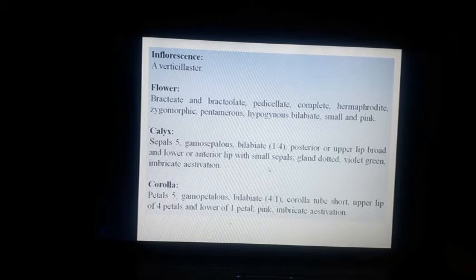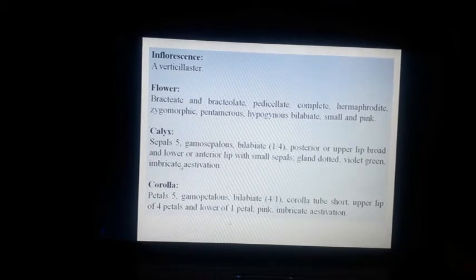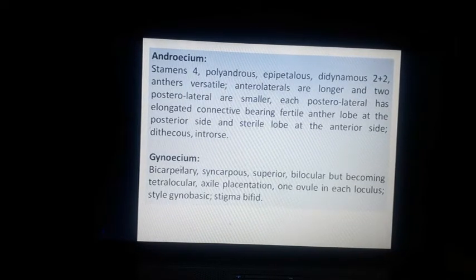Gland dotted violet green, and it shows imbricate aestivation. It is clear from this diagram. Yes, this is the calyx, which shows the 1 posterior sepal and 4 anterior. You can see from this diagram as well.